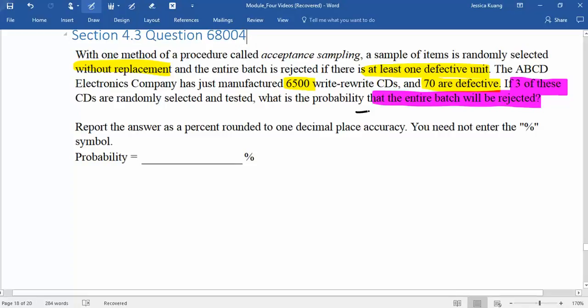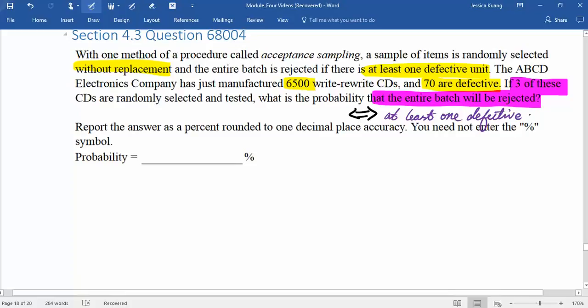But we know that is equivalent to, let me use a different color, at least one defective unit.